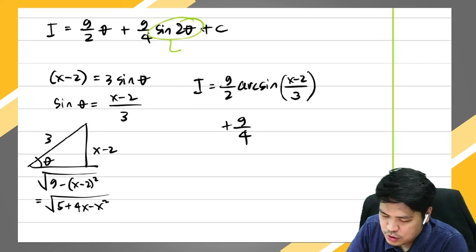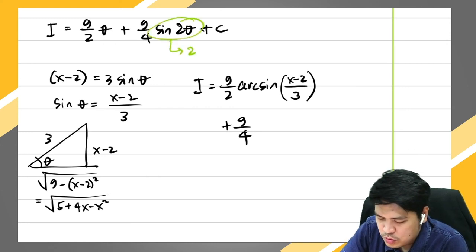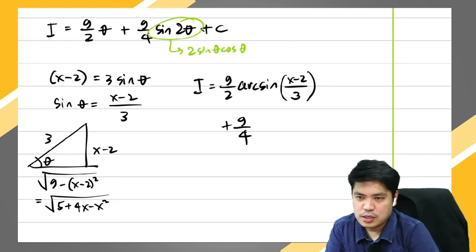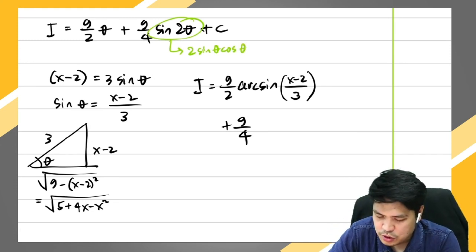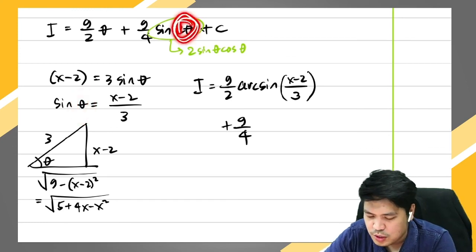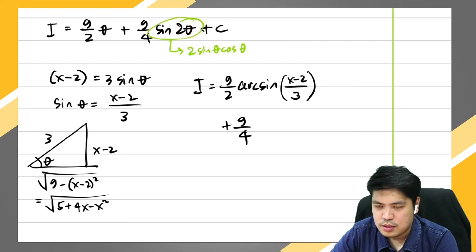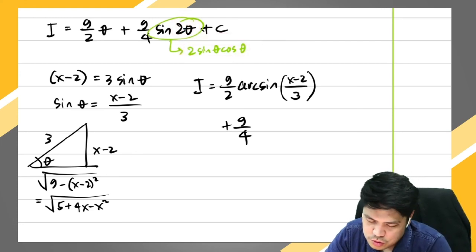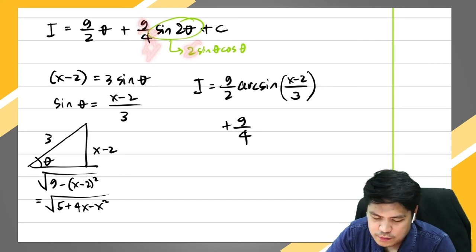Remember that sine 2 theta is 2 sine theta cosine theta. We need to change this back to single angle lang because yun yung angle natin dito. Theta lang, we don't have a replacement for 2 theta. So, change this back to 2 sine theta cosine theta. So, 9 over 4 times this, so that would be 9 halves na lang to.